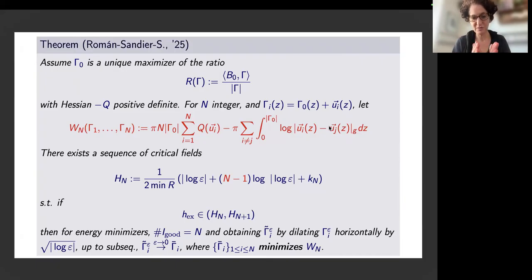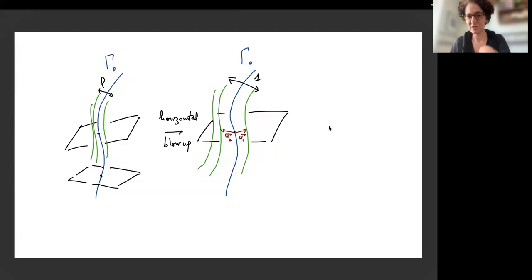And in order to see minimizers of this interaction problem, you have to take your actual epsilon curves, rescale them, just like in this picture, and take the limit as epsilon goes to 0.